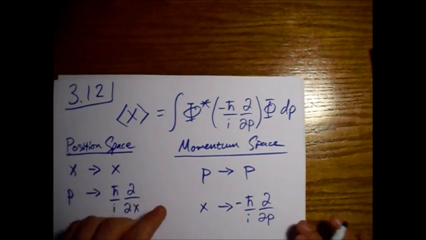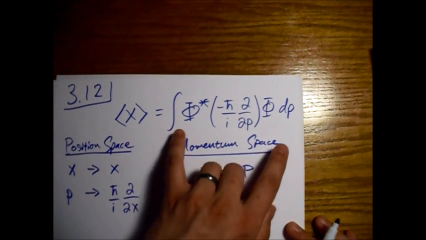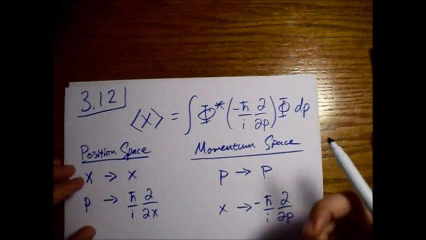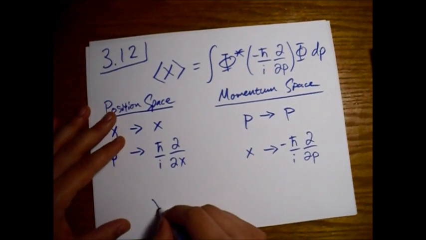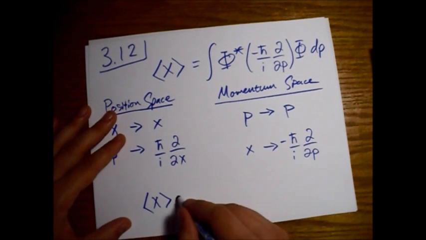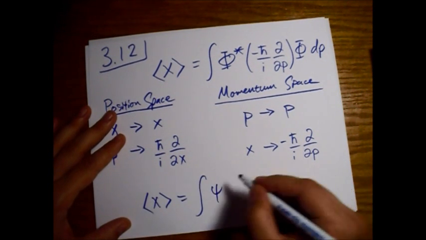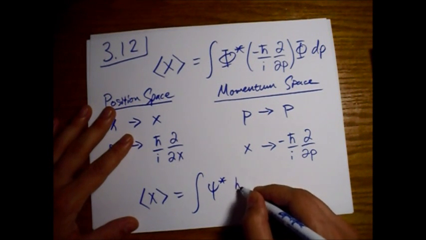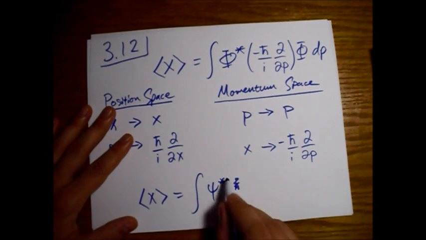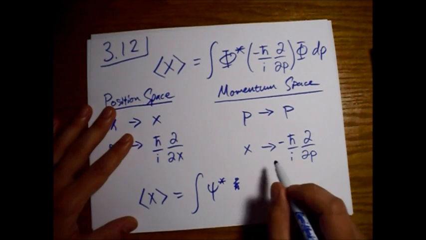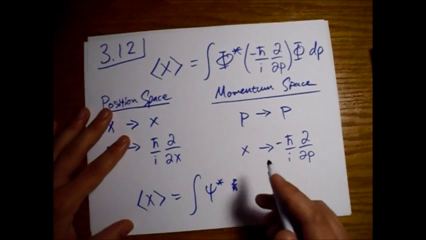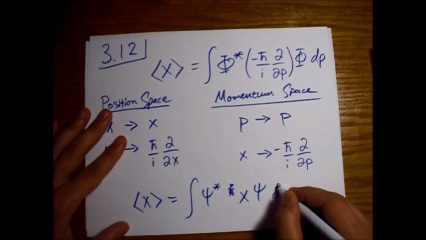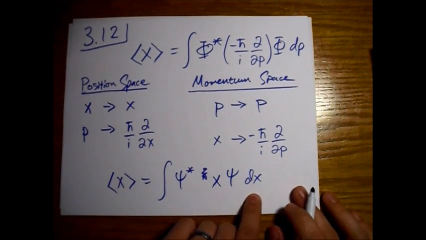But this operator right here is just this, right? So all we're saying is this is the same as if we were writing this in position space, where we'd use our position space wave functions, psi, right? And then I started writing an operator, but it's not. It's just x, and we're integrating with respect to x.